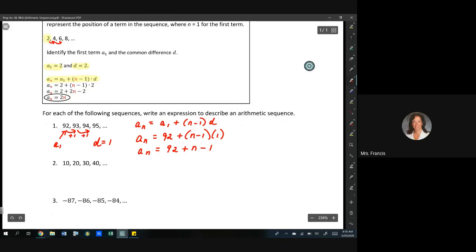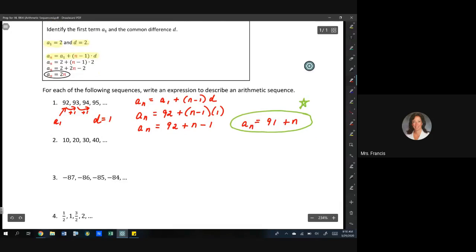Or I'll write it over here, a sub n: 92 minus 1 is 91, so we get 91 plus n. I think when you do these IXLs, it's expecting you to simplify your expressions. So you're really going to need to use pencil and paper and not just try to do it in your head. If you do that, you're going to get really frustrated really quickly.